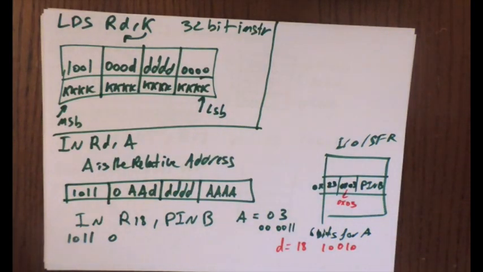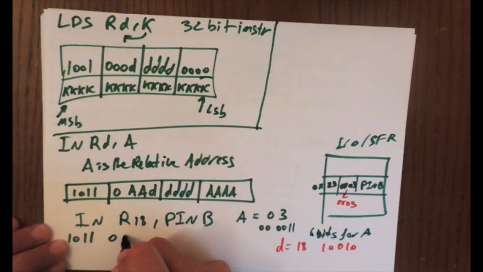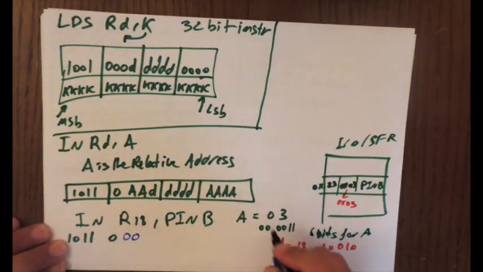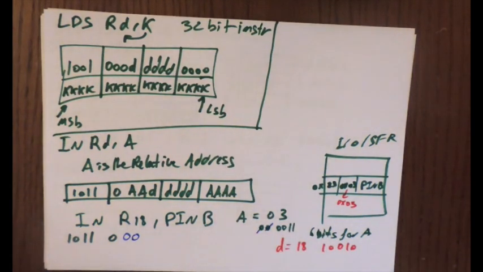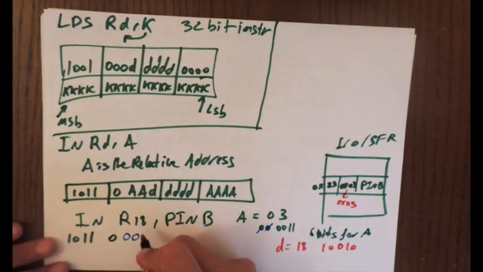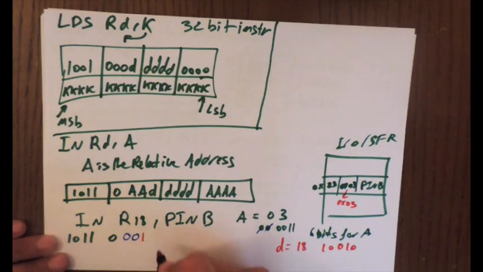So now I start with A. I'm going to write it with the blue color. So I'm going to write 2 zeros. So I wrote this. And then I have D. It's going to be 1, and then 0, 0, 1, 0.